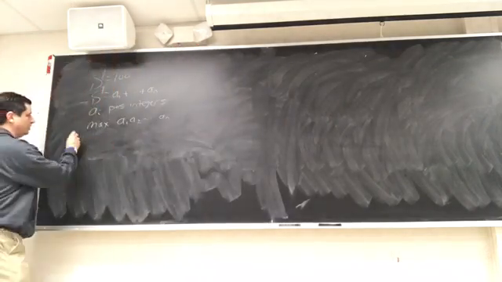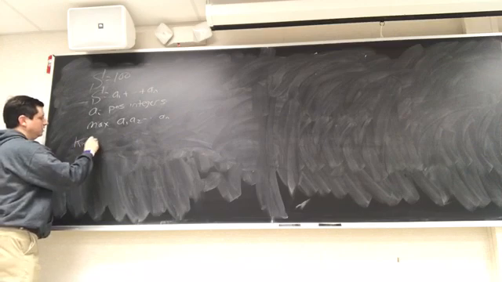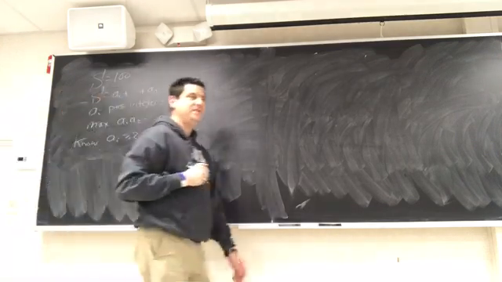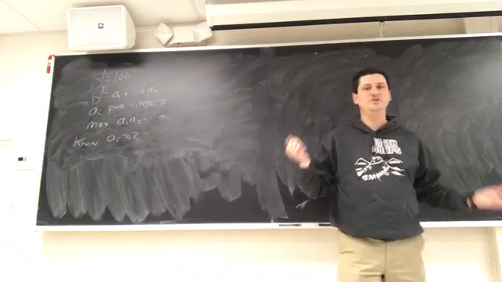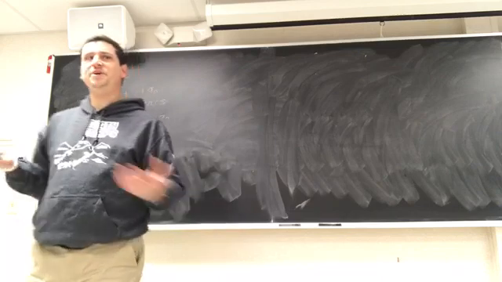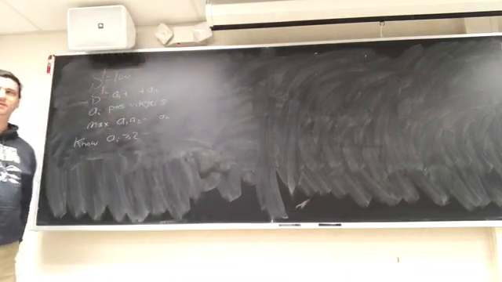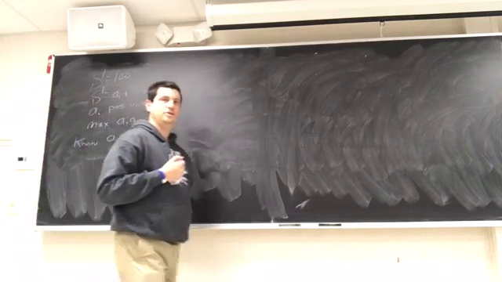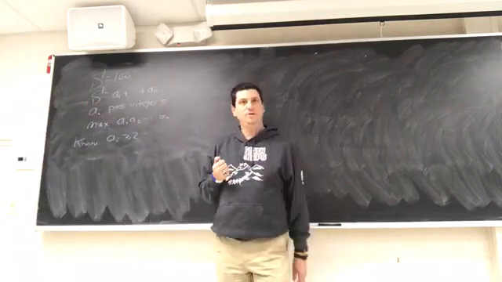So let's see if we can think of a few things. We know each AI is at least 2, because if any of the AIs were 1, it wouldn't contribute to the product. What about in the other direction? Can anybody give me an upper bound for how large the A's could be? 98. Okay.